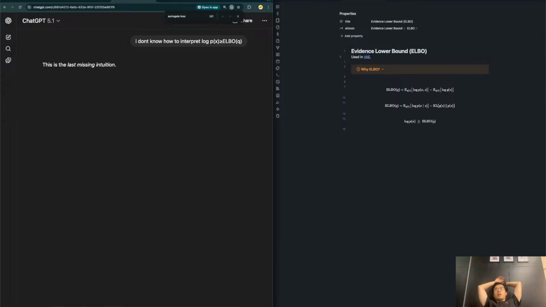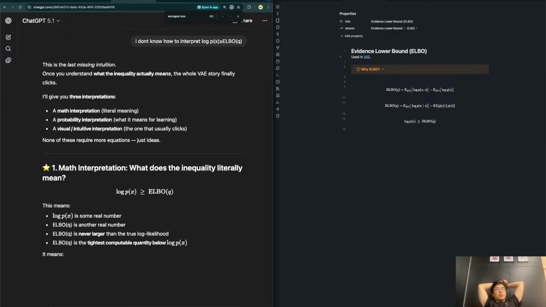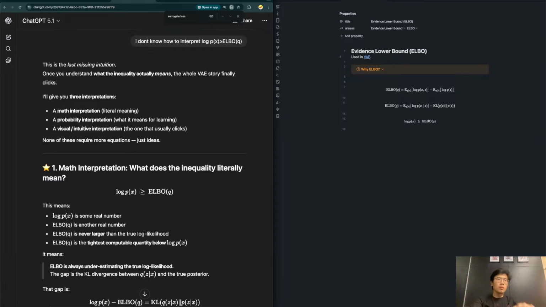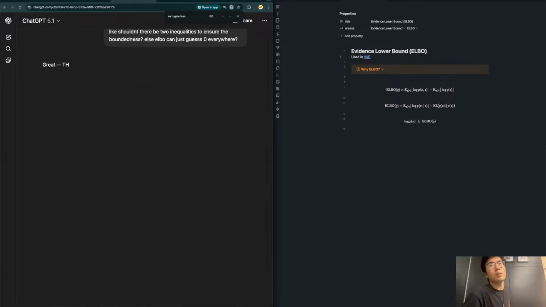The log probability of this data is greater than some bound. I guess that's the sum of the probabilities needs to be 1.